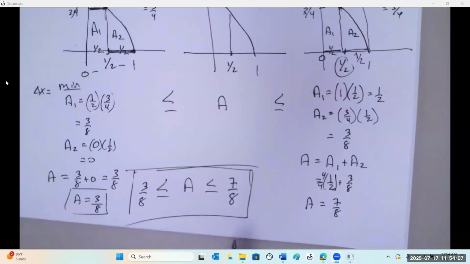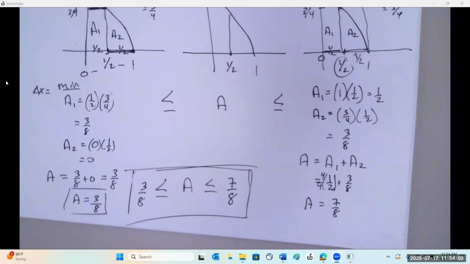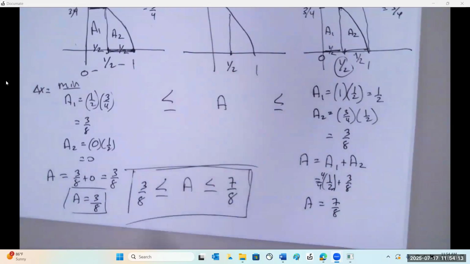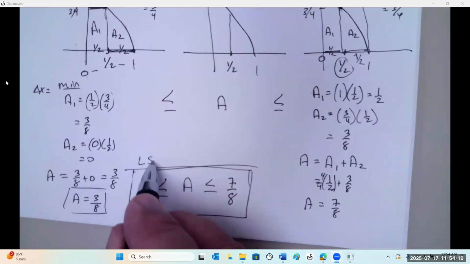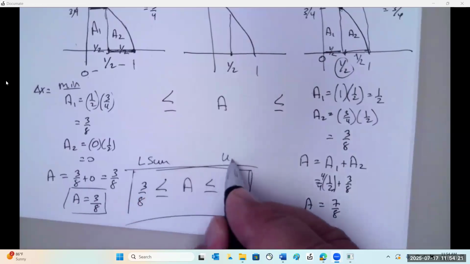So I know, again, remember, we're approximating the area under this curve, the function. We know the true area of it has to be between this lower sum and this upper sum.